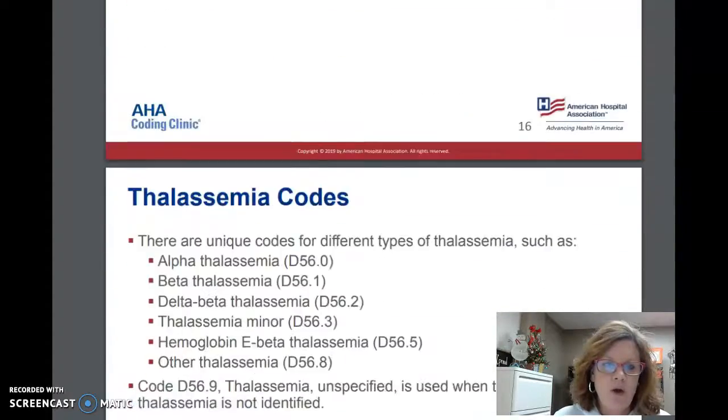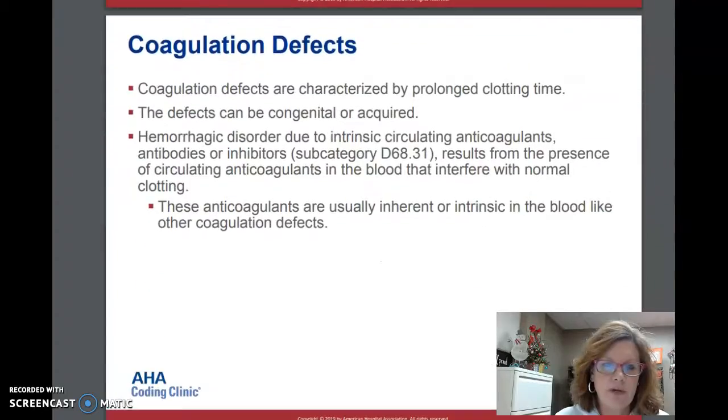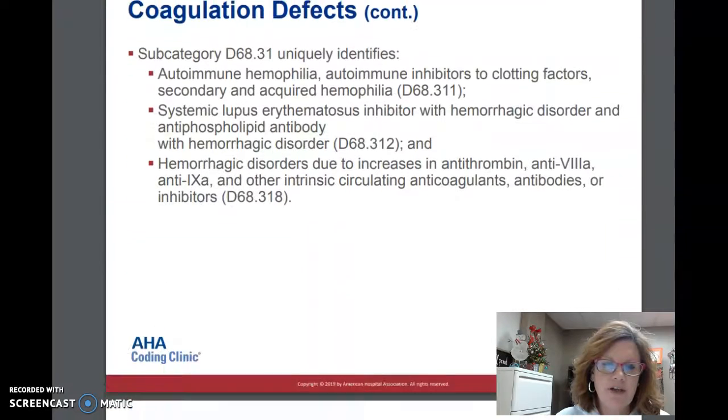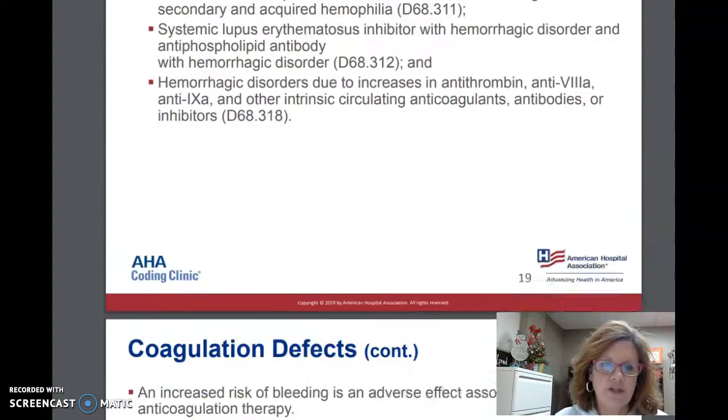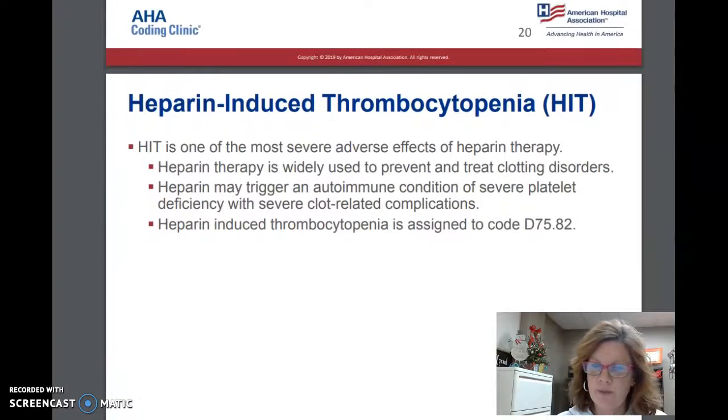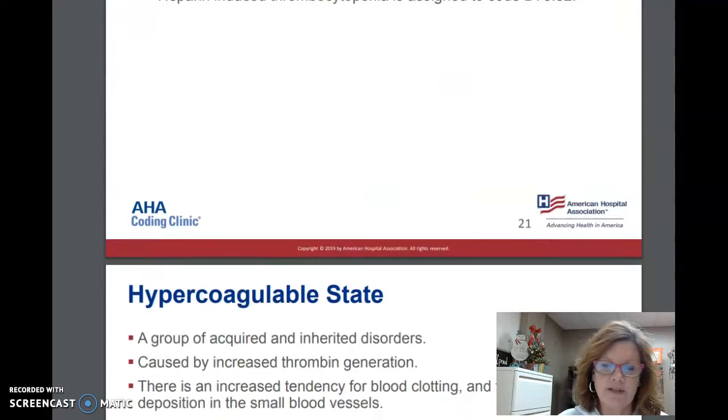Okay, so with that, we're going to go through here. We have coagulation. The big thing here with coagulation is there would be a Z code for long-term use of an anticoagulant drug. So keep in mind that that's there too.